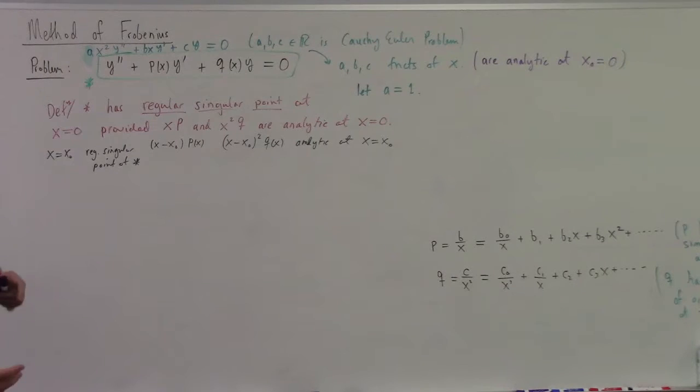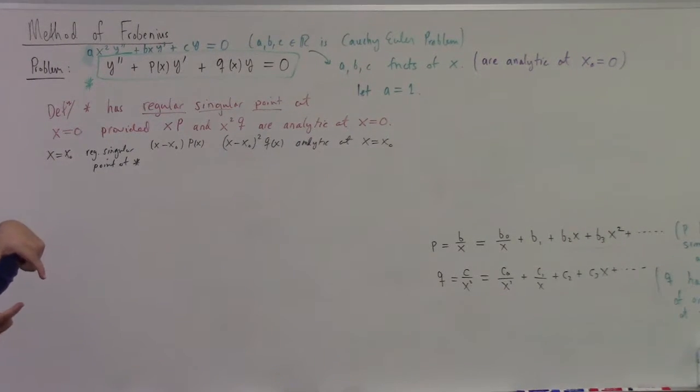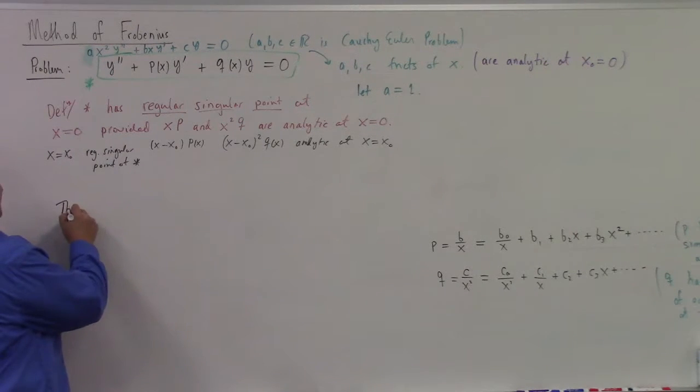Well, a power series in the complex plane converges on a disk, right? So it literally is a radius of convergence. And so there's basically a theorem. The theorem says this.